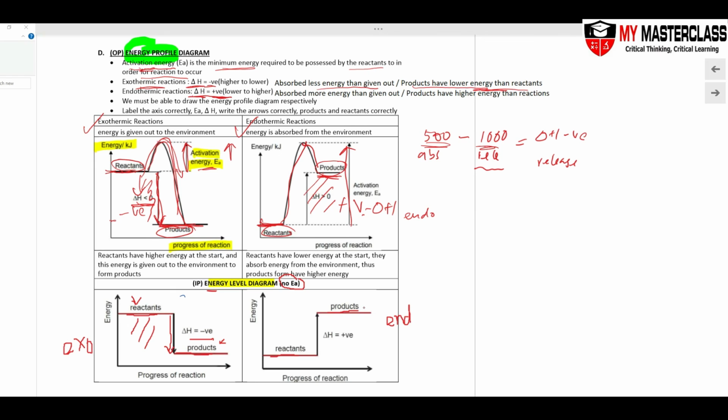Okay, so when they absorb the energy, my enthalpy change is an upward arrow and is positive. So it's on this positive part, not on the below, it's on top. Okay, and there is no curve. As a result, there's no curve, there is no activation energy. Otherwise, everything else is the same. The energy level diagram is the same as my energy profile diagram.